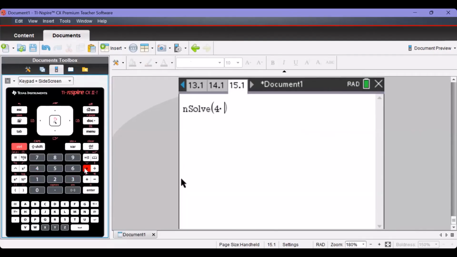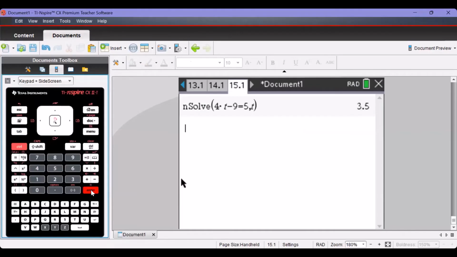And then what we want to do is equate 4t minus 9, which is the i component of vector rA, to the x coordinate of P, which is 5. And then we solve that with respect to t. Press enter, and we get a t value of 3.5.